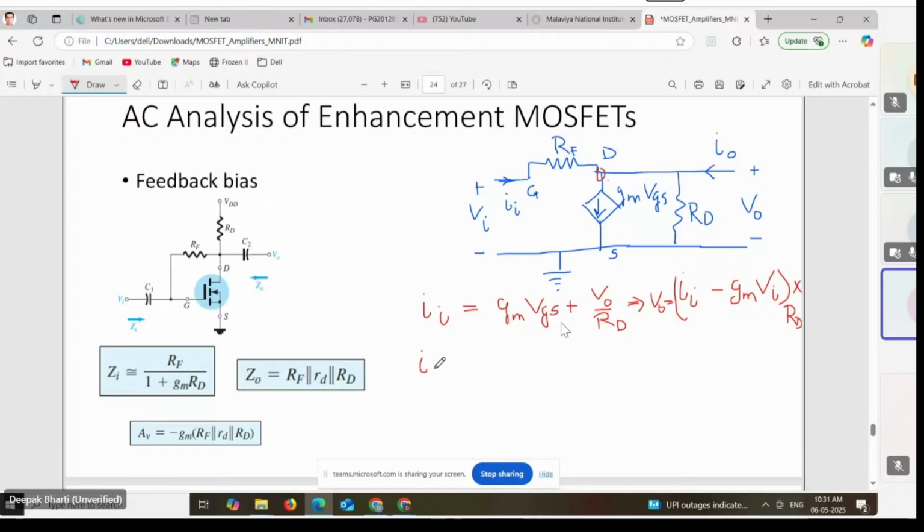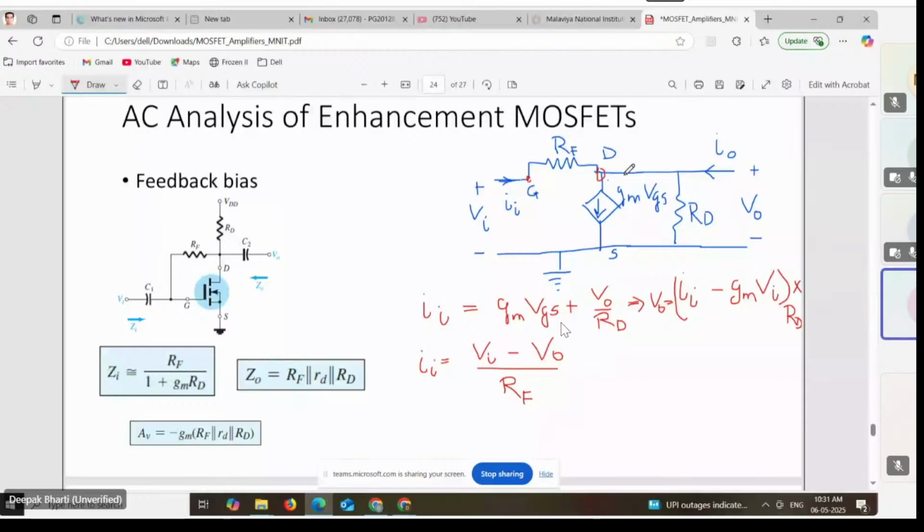Now what is Ii here? We know that current flows from higher to lower potential. So if this is the Vi potential, what is the potential at this point? It is V naught. So Vi minus V naught upon RF, right? Because Ii current is flowing through RF.